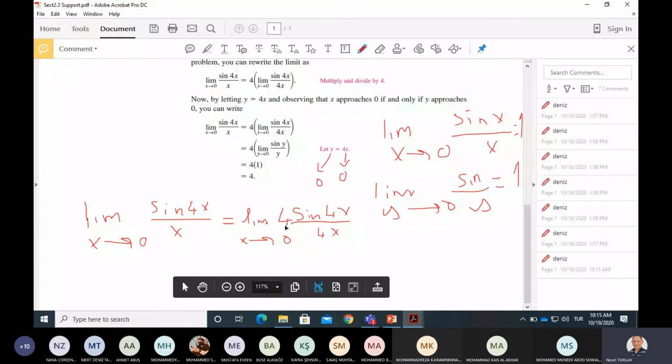But do you remember we have a limit rule? You can take this out. So it equals 4 times the limit of sine 4x over 4x. So this is the 3. Do you understand?